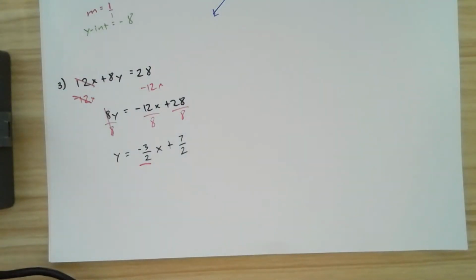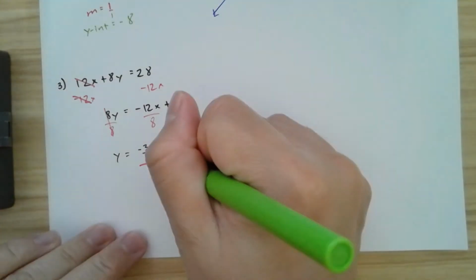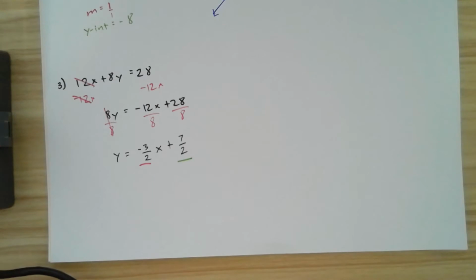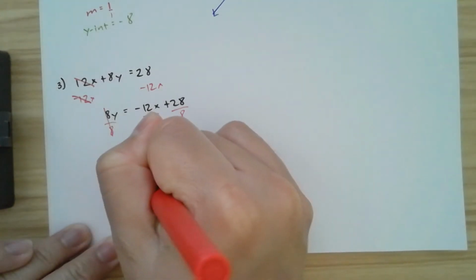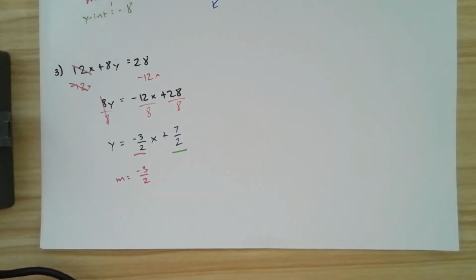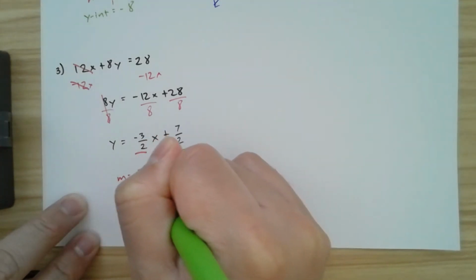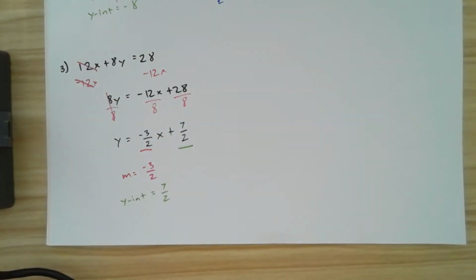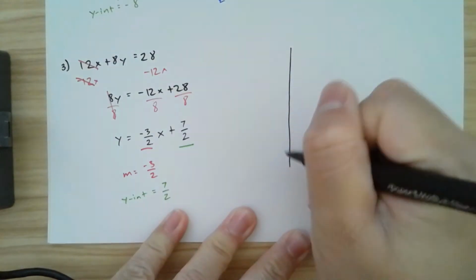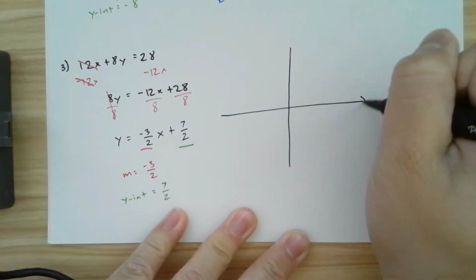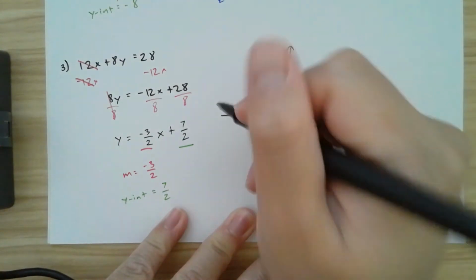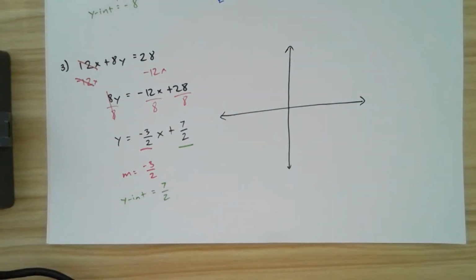Here's my slope. Here's my y-intercept. Right, so my m is negative 3 over 2. My y-intercept is 7 over 2. Okay.